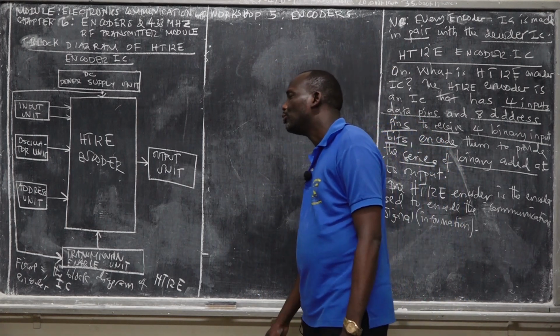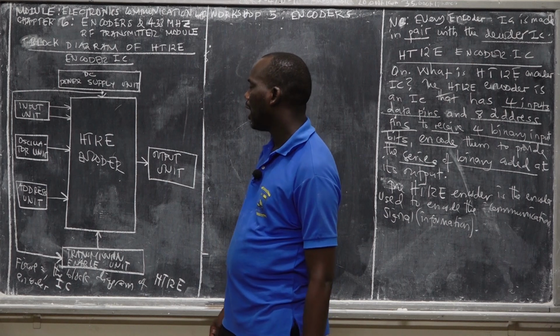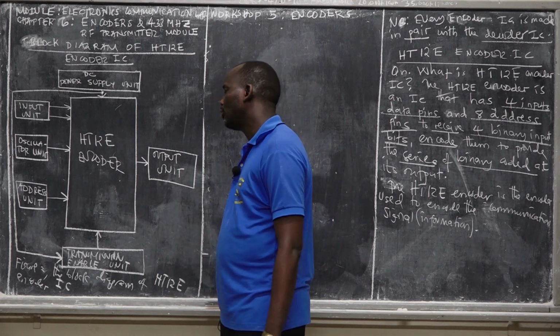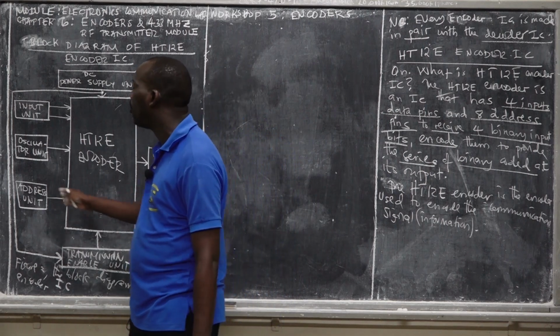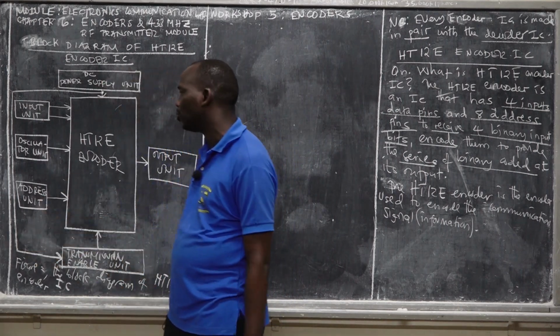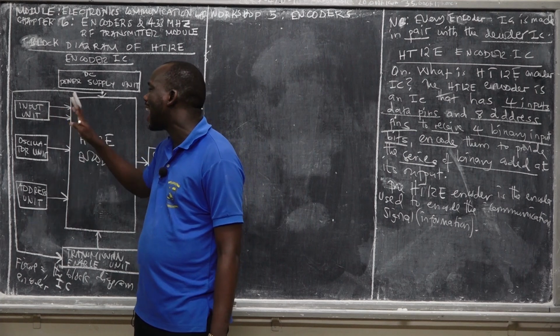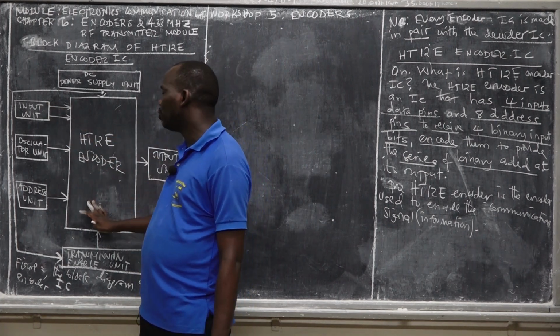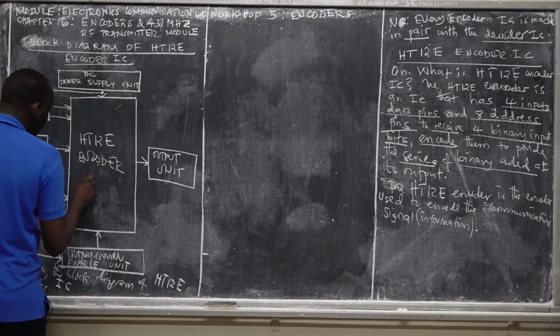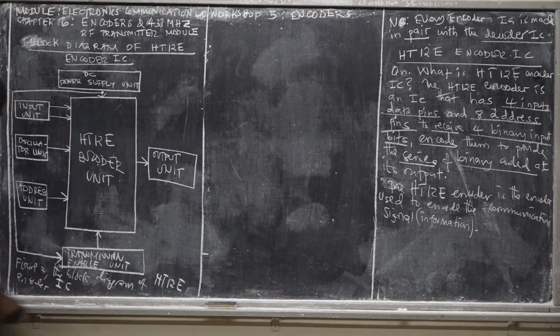Then say address unit. And then you have the block which will be encoding the information, with the support of the oscillator unit and the address unit, because this is the uncoded information. So this HT12E encoder unit will encode the information with the help of the oscillator unit and address unit.